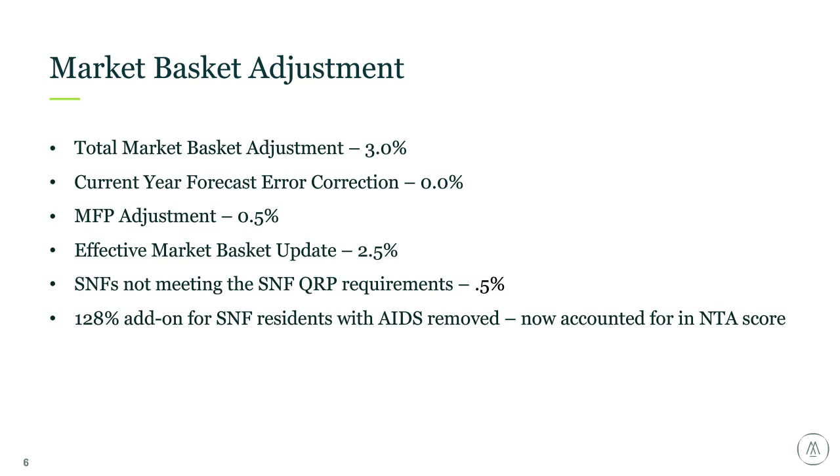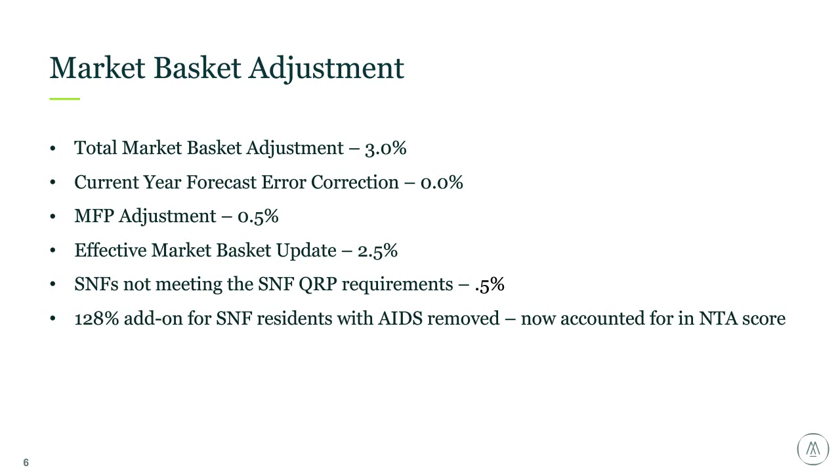When CMS makes changes to the prospective payment system, they can only do so prospectively. And that is why you'll see in DRG, APC, RUG, PDPM, any of these prospective payment systems that they have, if they made a mistake or there was an unintended consequence in rulemaking, they will make the correction in the following year.